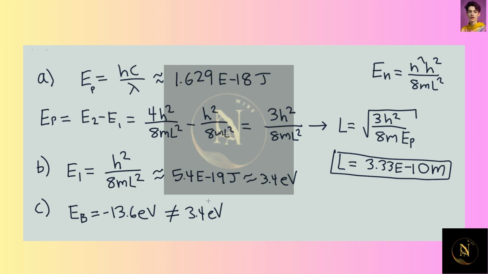And this inconsistency emerges because the energy levels for a particle in a box are proportional to n squared, whereas the energy levels for a Bohr atom are proportional to negative 1 over n squared. So these are fundamentally inconsistent formulas.